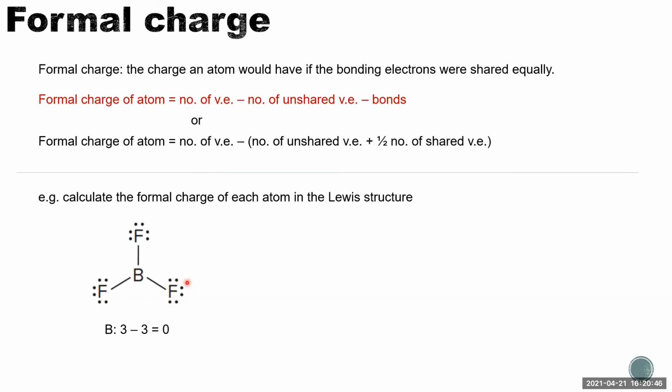So 7 minus 6, then minus how many bonds are attached to each fluorine atom, that's 1 single bond. So the formal charge of a fluorine atom is 7 minus 6 minus 1, that equals 0. In this Lewis structure, both boron and fluorine have a formal charge of 0.